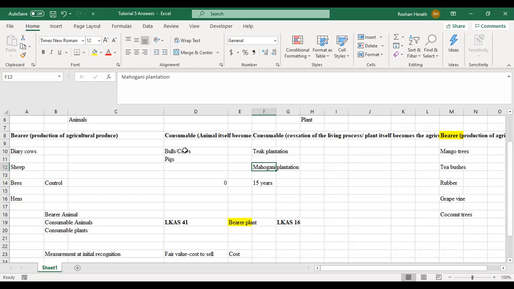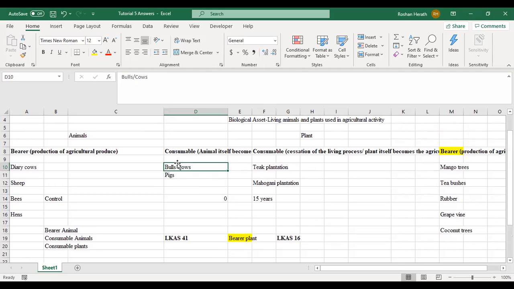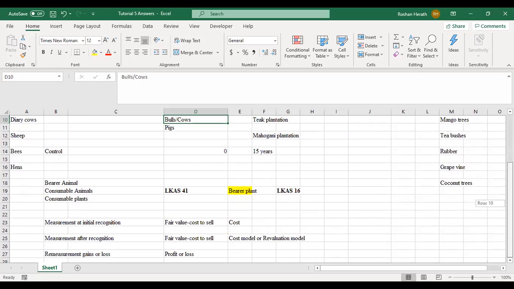So you can do this for the bulls, cows. So that's the case. Even I think some of the market information is also available for these consumable animals. So even if not, you can think about the maturity and think about the value at which you may sell them and get them discounted and establish the value. That is your fair value. Good. So that is how we basically do.